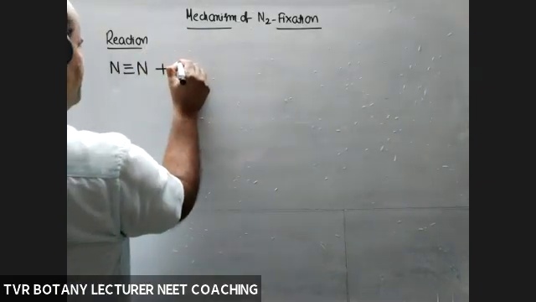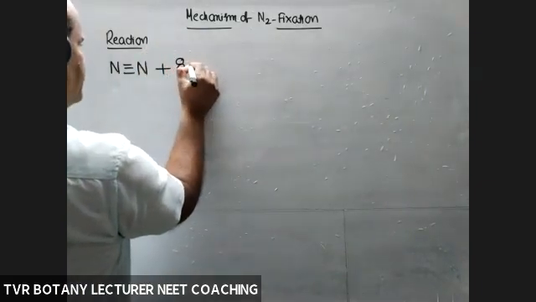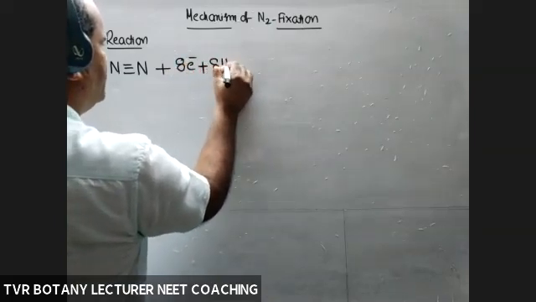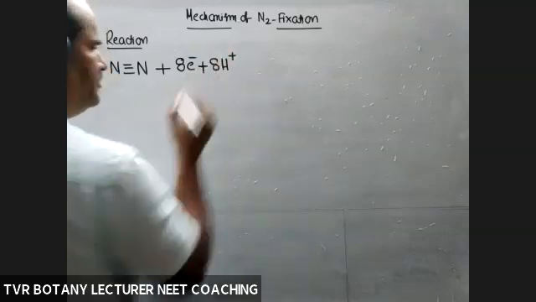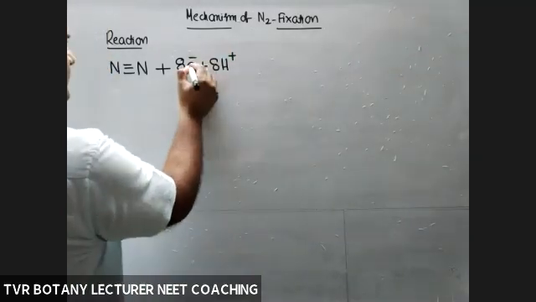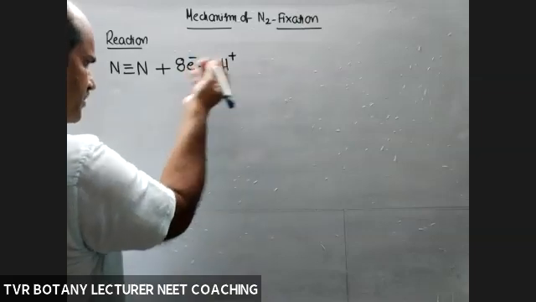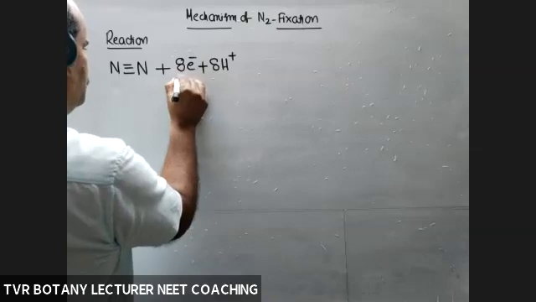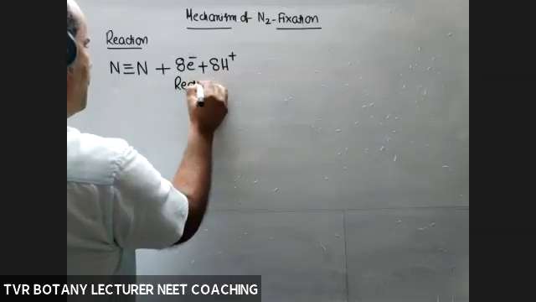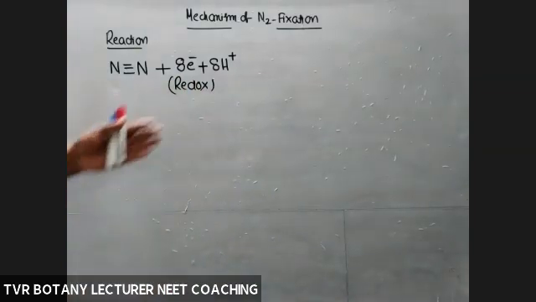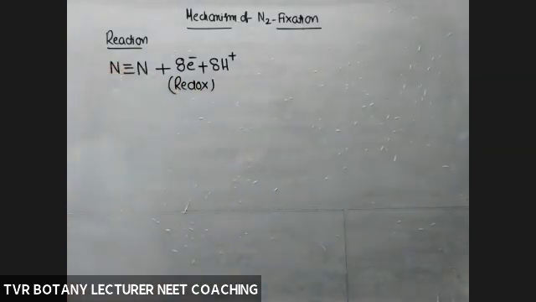Reducing power is 8 electrons plus 8H plus. These are redox equivalents. Redox is concerned with reducing. These redox equivalents are able to reduce; in this case, their role is the reduction of N triple bond N into ammonia.